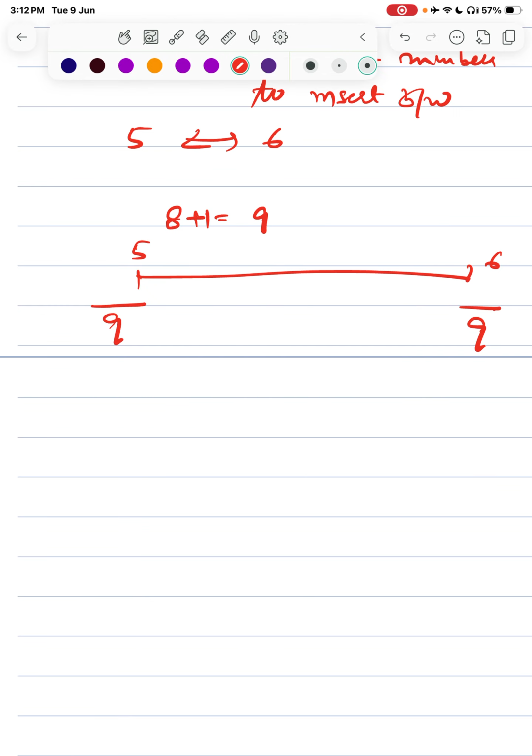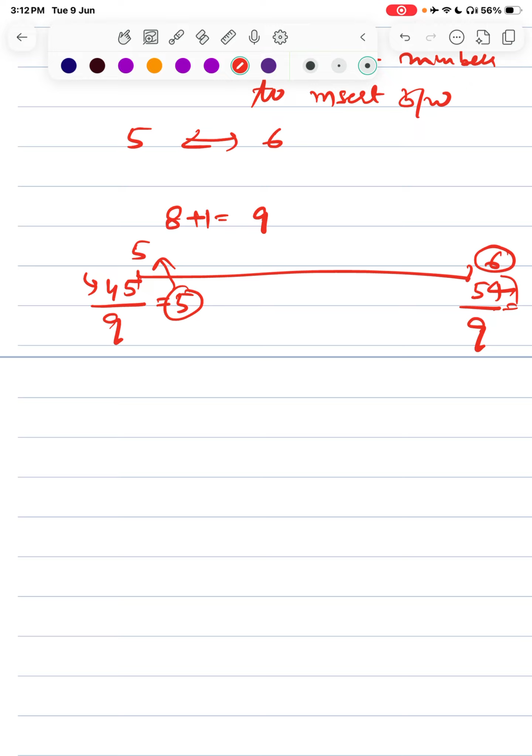So what number should I put here so that after dividing by 9 I'll get 5? It will be 45, right? And the next number will be 54. Now divide 45 by 9, you will get 5, and when you divide 54 by 9 you will get 6.